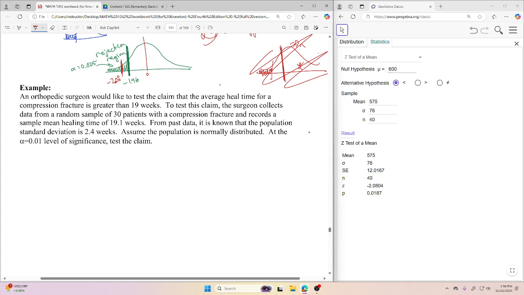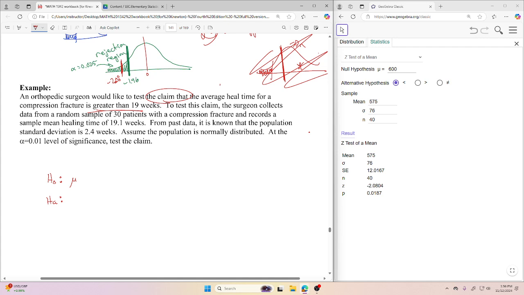Next problem. An orthopedic surgeon would like to test the claim that the average heal time is greater than 19. Hold up. Here we go. H naught, H A. So H naught, what would I put here? Mu.